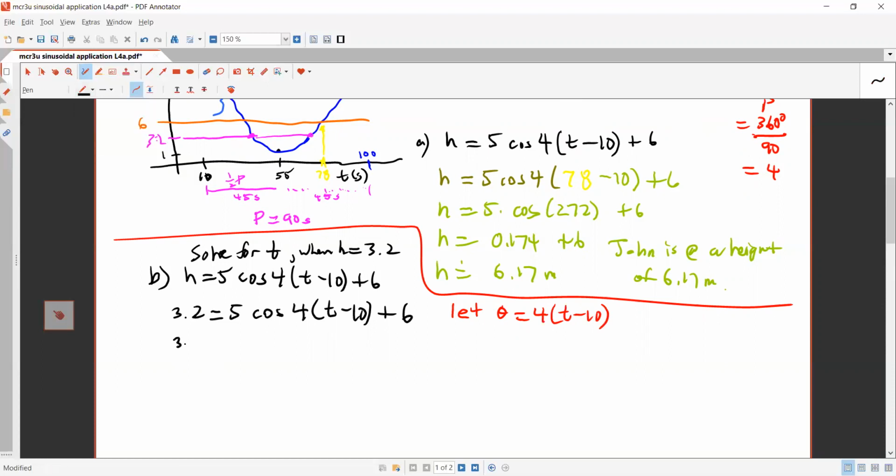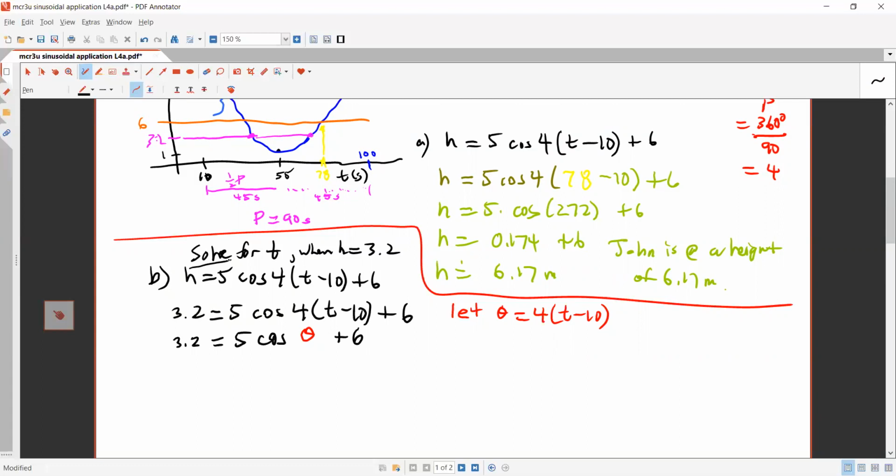So what we have is 3.2 is equal to 5 cosine theta plus 6. Now you don't have to do this, but I think for teaching purposes, it will help. So what are we going to do first? According to solving, we should subtract first.